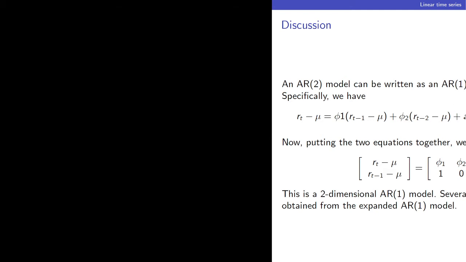And if we put both equations together, we actually get this matrix times vector plus vector, which is pretty well defined. This is called a two-dimensional AR1 model. Why is this interesting? Because a lot of properties of the AR2 model can be obtained from putting it as an AR1 model in this form and using some matrix product relations on that.